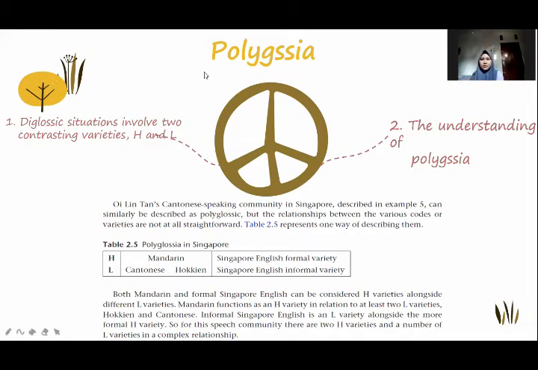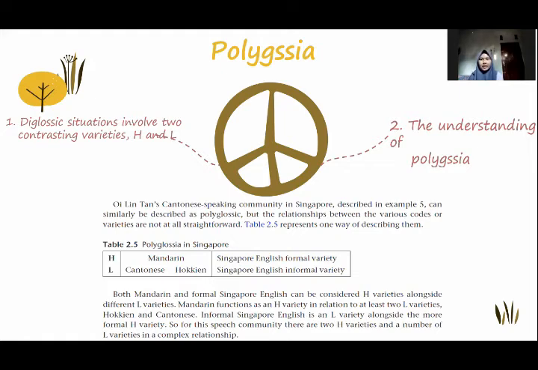The next is polyglossia. First, the diglossic situation involves two contrasting varieties, H and L. Sometimes, however, a more sophisticated concept is needed to describe the functional distribution of different varieties in a community.